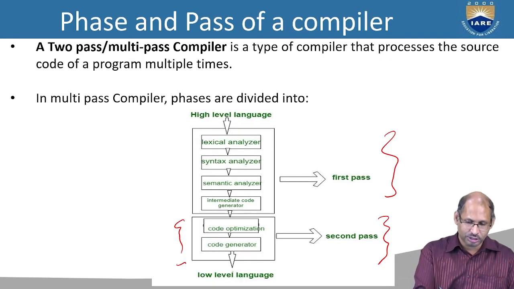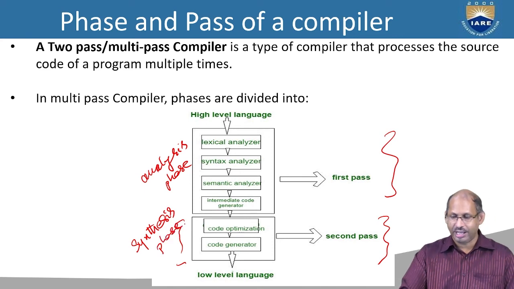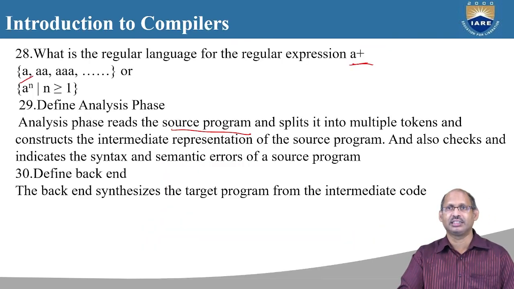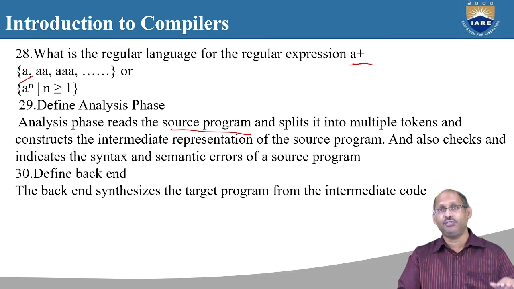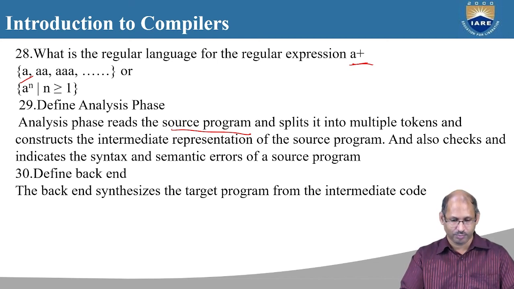The first one is analysis phase. This one is considered as synthesis phase. Analysis and synthesis. So the analysis phase will take the source program and generate the intermediate representation.